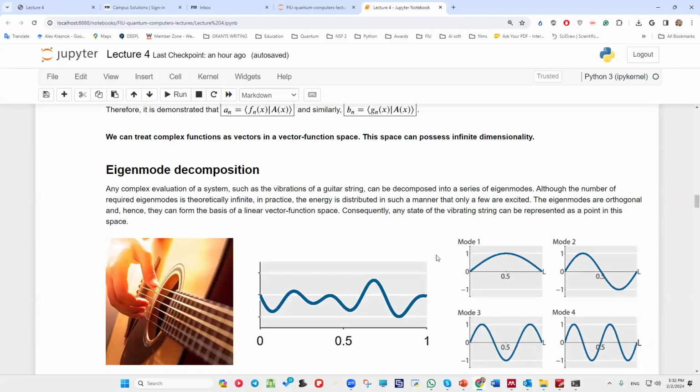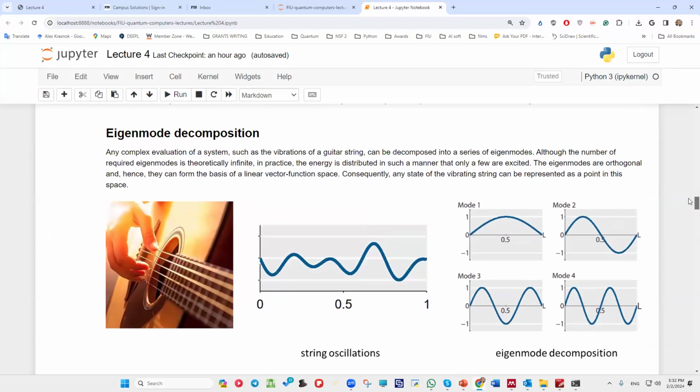This brings us to a very important concept in physics and engineering too, so-called eigenmode decomposition. As an example, let us consider a string of a guitar, and this string is a physical system, right?